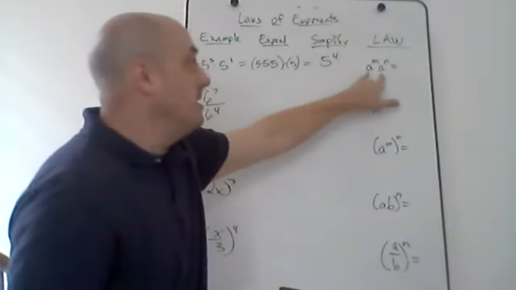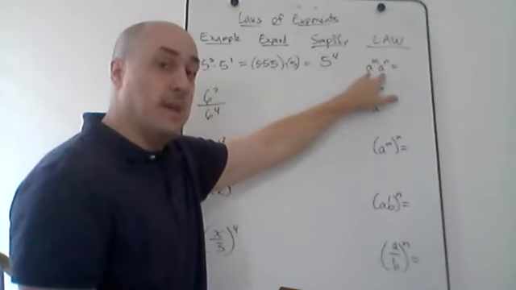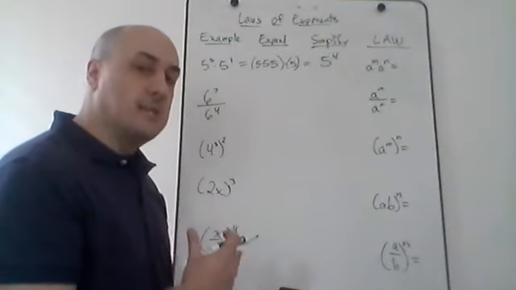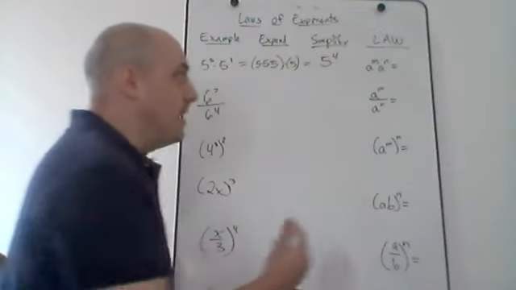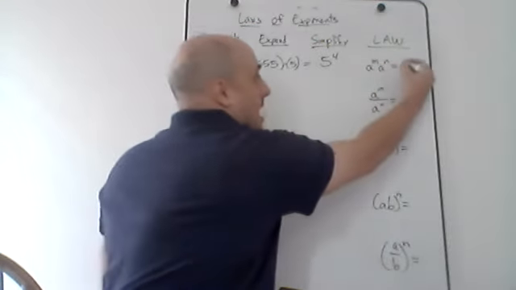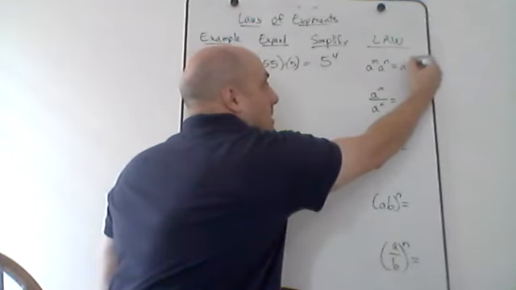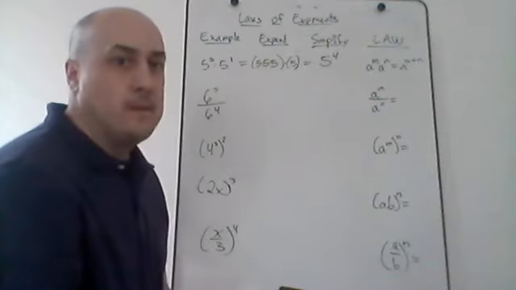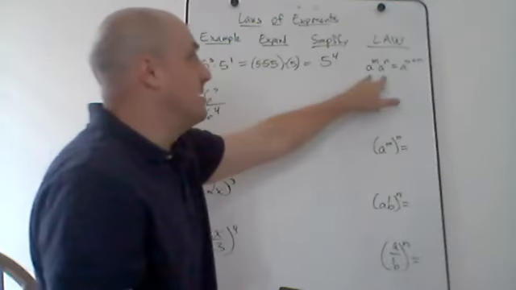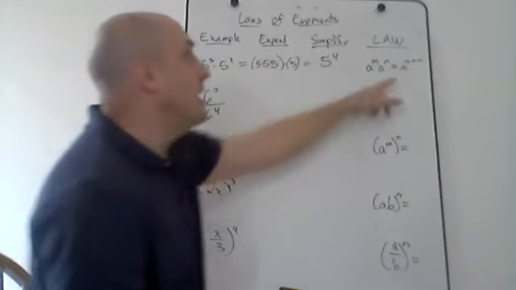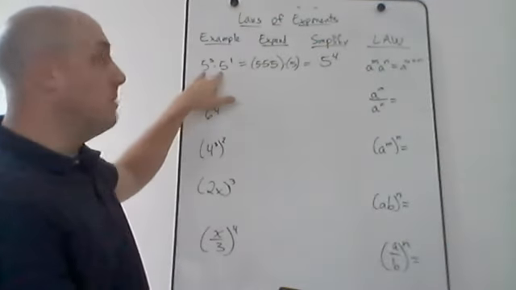So when you are multiplying these two things with the same base, you have to add the exponents together to get the final result. So a to the m times a to the n equals a to the m plus n power. All right. So when you have, again, the same base being multiplied together, you keep that base the same, right? Notice we don't actually multiply the 5s here.